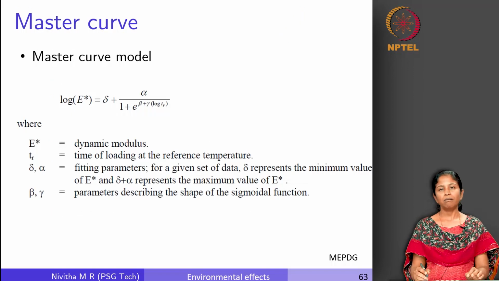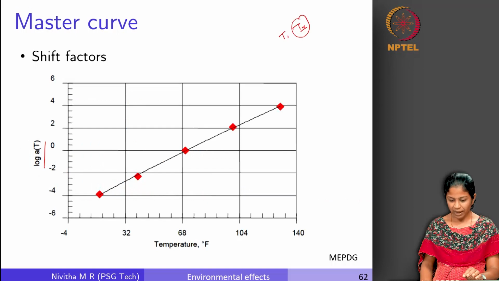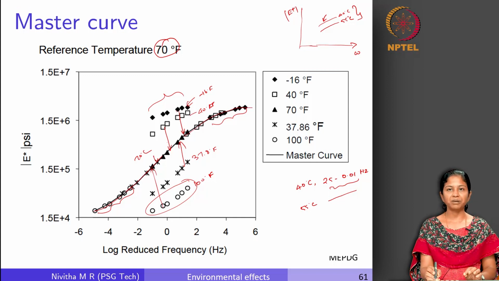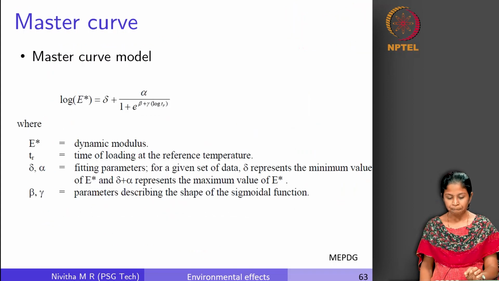So now how do we model the master curve? Is there a way in which I can capture this particular trend, right? I can use an equation to capture the variation of this trend. That is nothing but the master curve model.